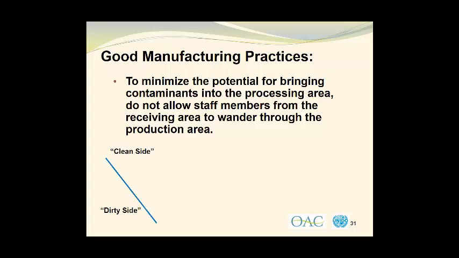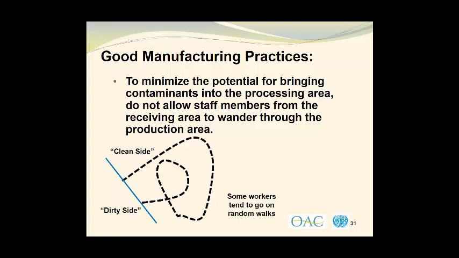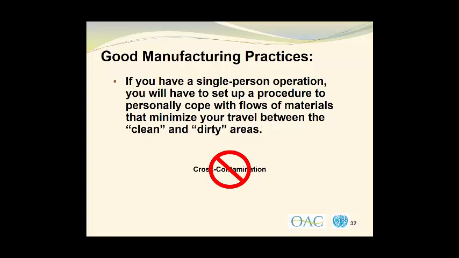However, some employees like to go on what I call a random walk, and they wander through the production facility, and as they do so, they are causing a risk of cross-contamination by bringing materials from the dirty side of the operation to the clean side, so you need to curtail that activity.